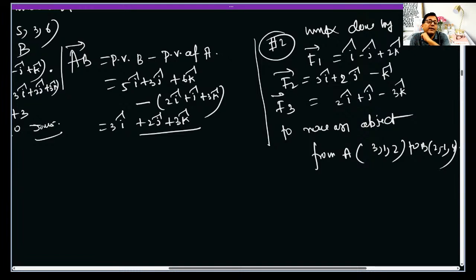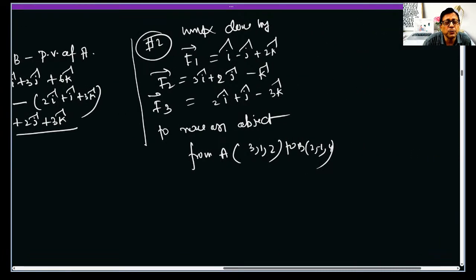Force is given in this manner to move an object from this point to this point. Remember, the concept is the resultant force. When you calculate work done by an external force, this external force is equal to the sum of the forces, those forces we have taken F1, F2 and F3.